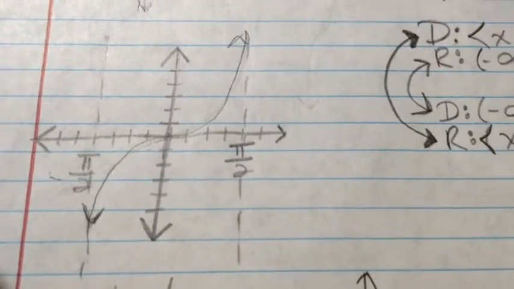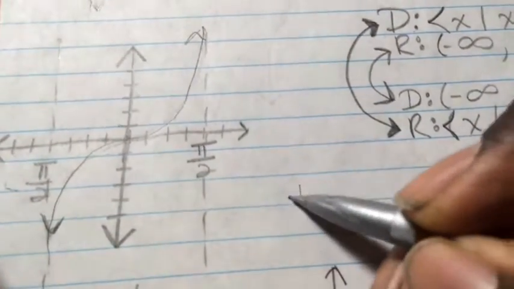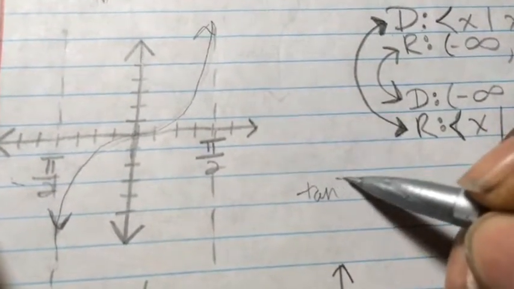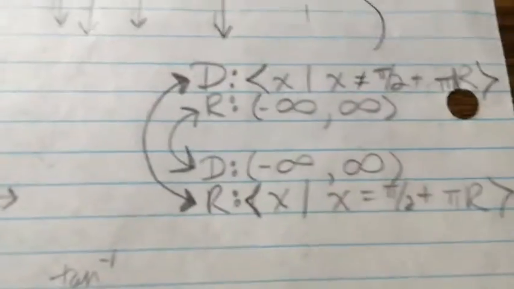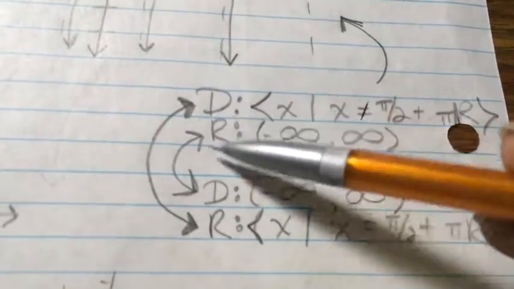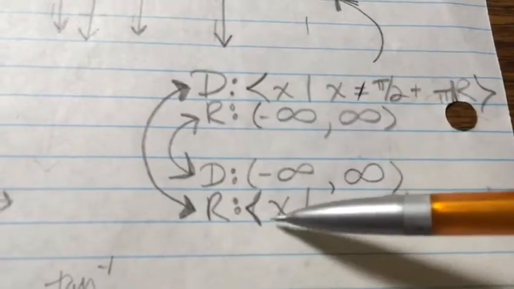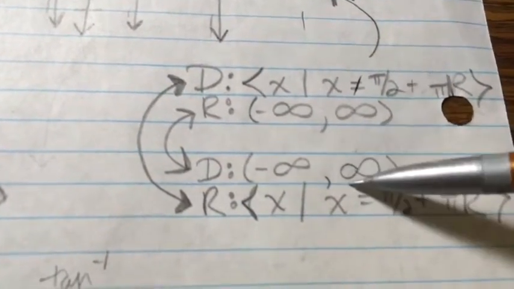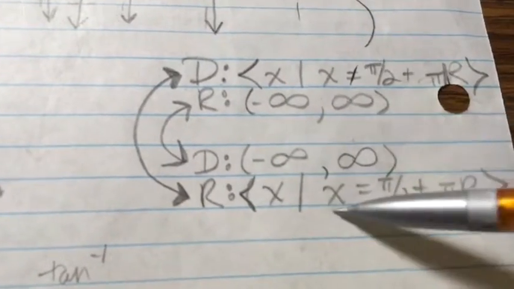However, when you want to find the arctan of that, which means arctan is the same as saying tan to the negative 1, you reverse what you call the domain and range. So the domain now becomes the range, and the range would be this.